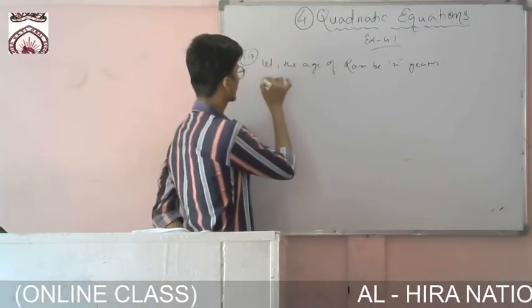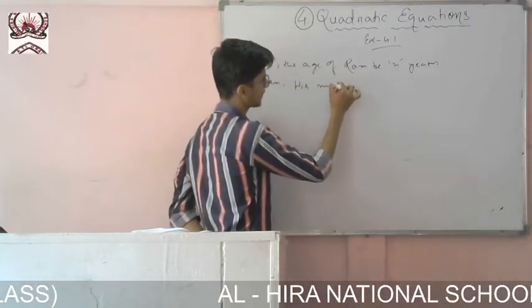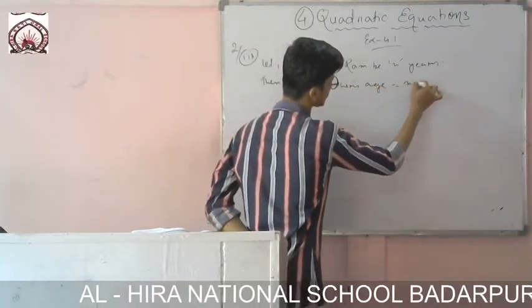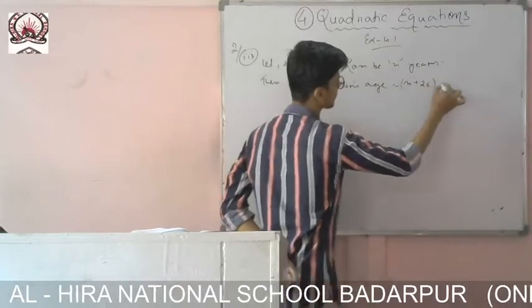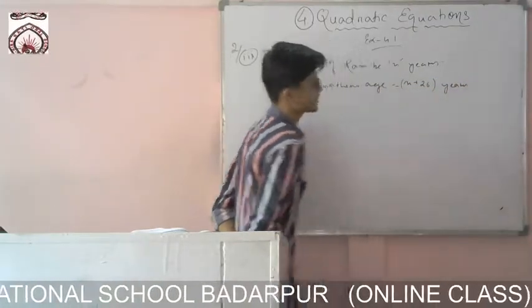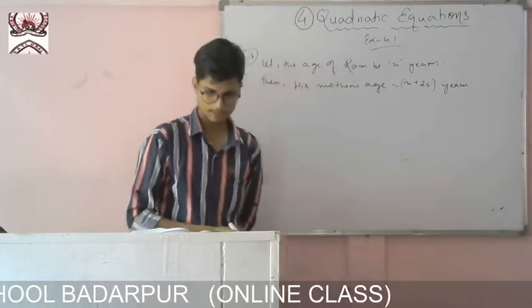So his mother's age will be x plus 26 years. 26 years more is given, so it will be plus, so x plus 26.